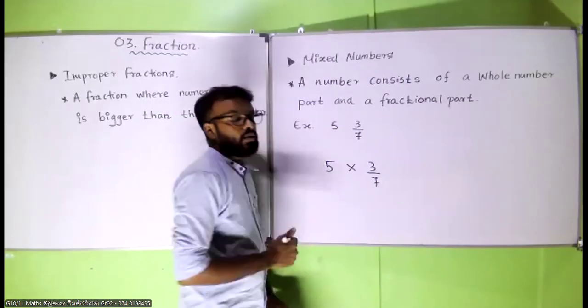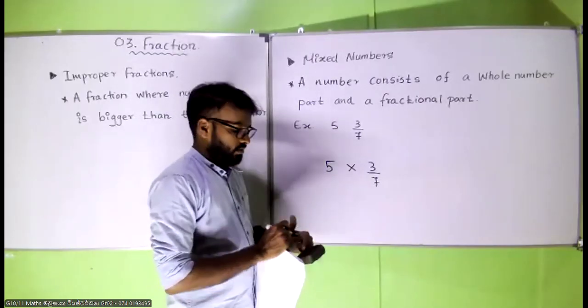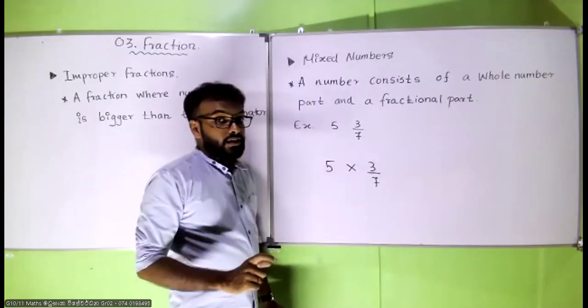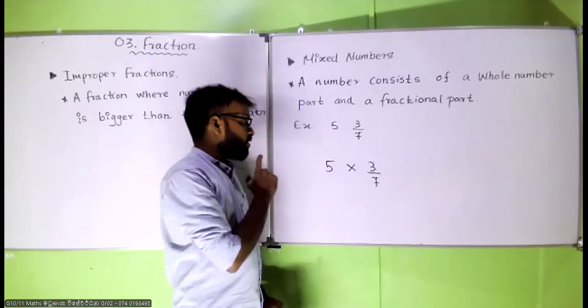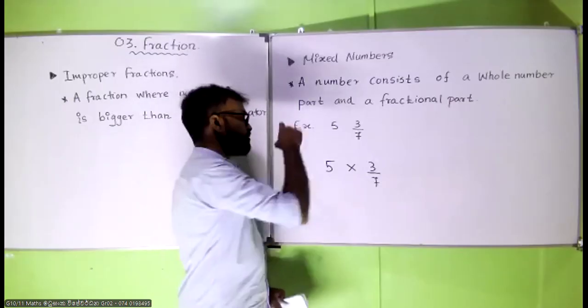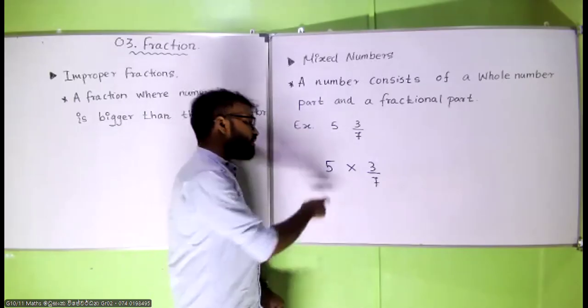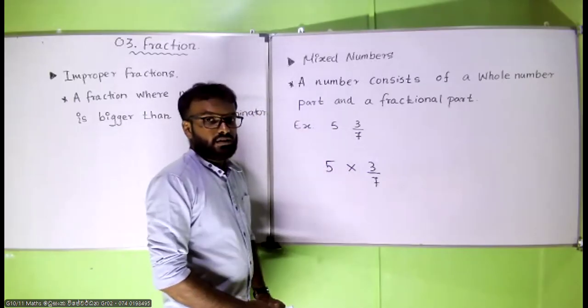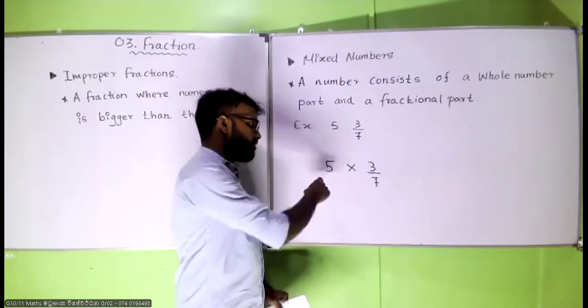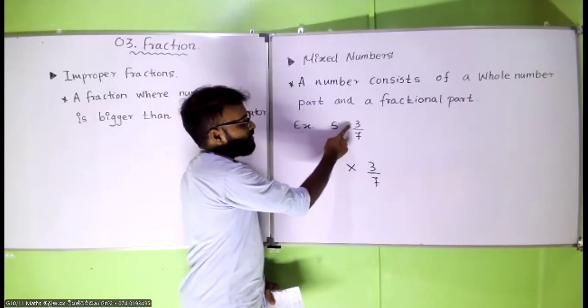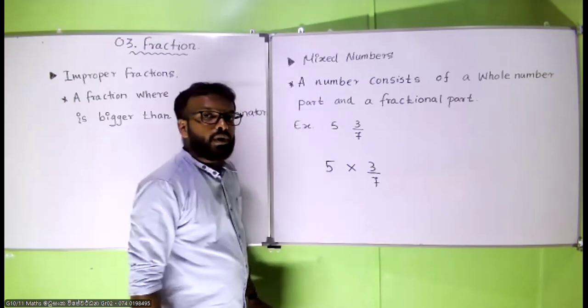Whole number and the fraction part. You cannot read this mixed number as 5 times 3/7. 5 times 3/7 is this. But you cannot find any multiplication in between the whole number part and the fractional part.